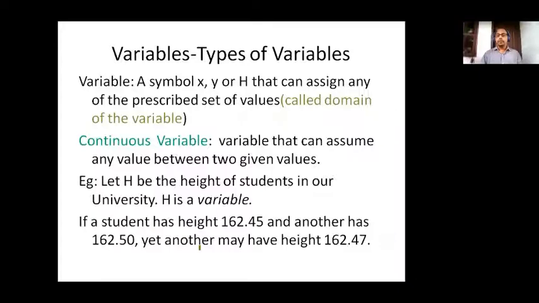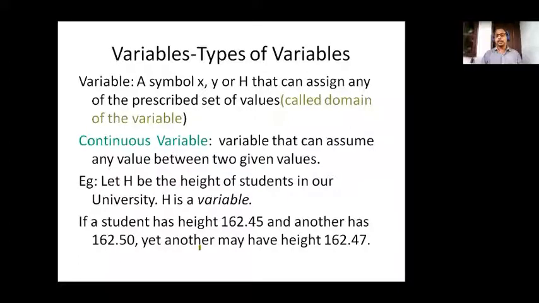Now, a variable may be continuous or discrete based on whether it can assume any value between two given values. If it can assume any value between two given values, it is a continuous variable. Otherwise, it is discrete.